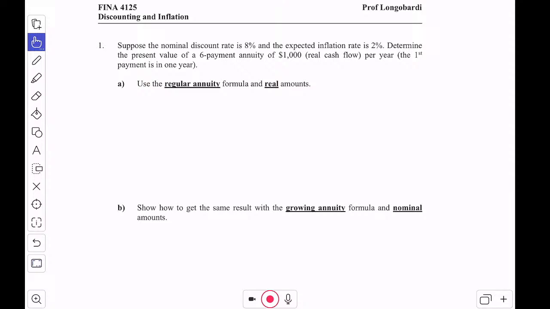Are duration exercises coming in the exam? You mean for bonds duration? No. But duration of an investment? Yes.